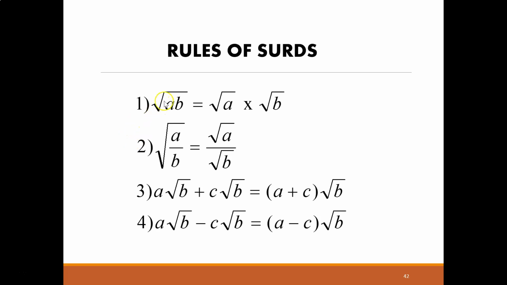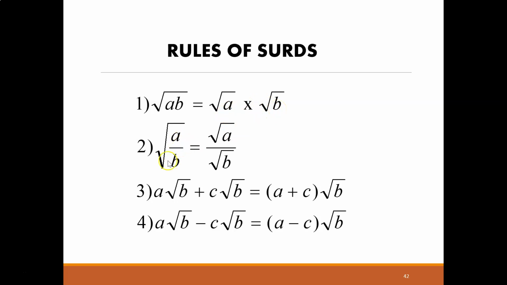Okay, number one, we have square root of AB ataupun surd AB equal to surd A times surd B. So kalau dia punca kuasa hasil darab ni together in the surd, so it is actually multiplication of surd.